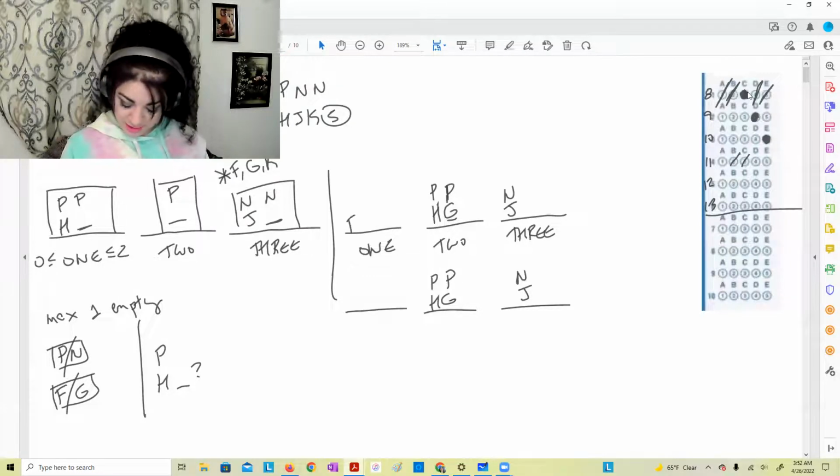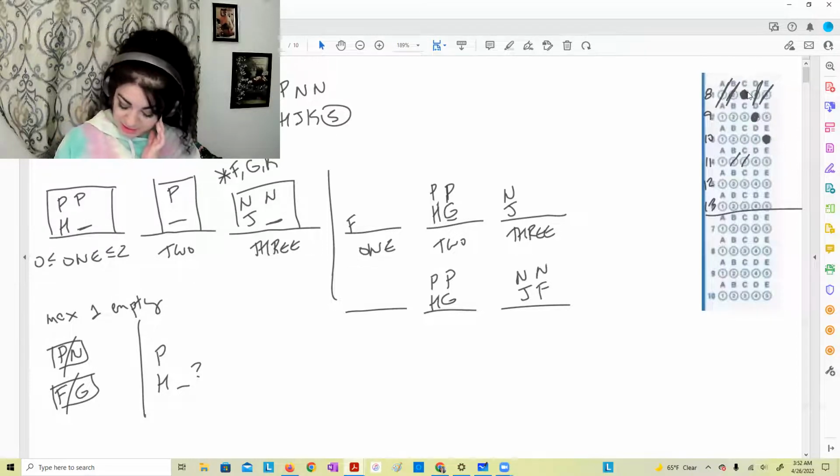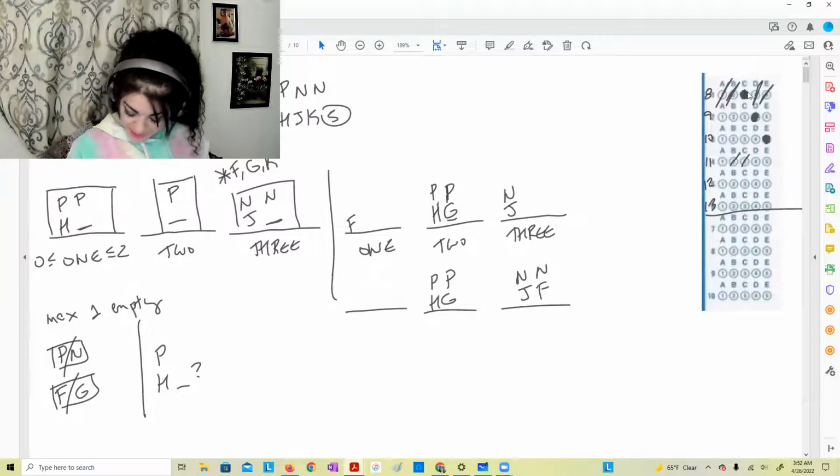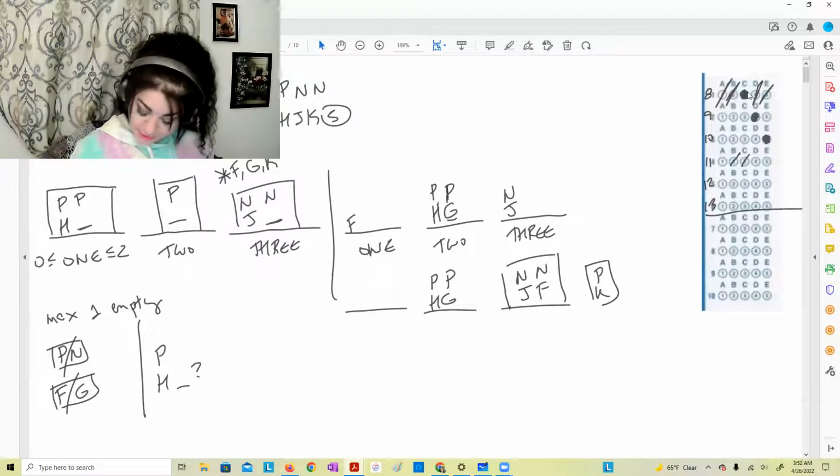Let's put F right here in the top option, and we'll put F right here in the bottom option. So in the bottom option, it would definitely have to be non. And then the last thing to be assigned would be K. K would have to be a pet owner. And it could go really in either 1 or 2.